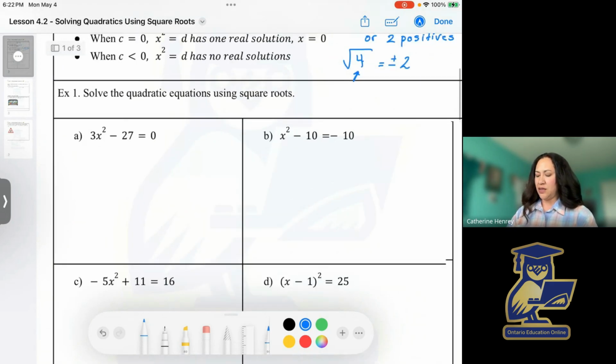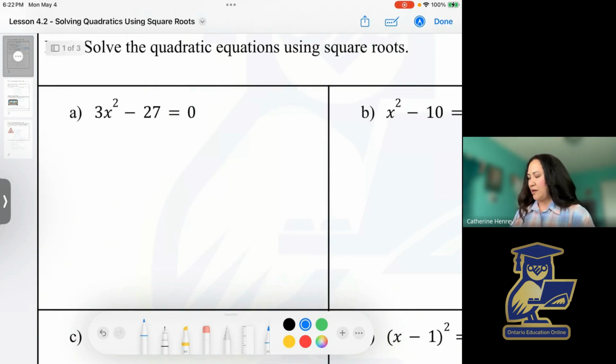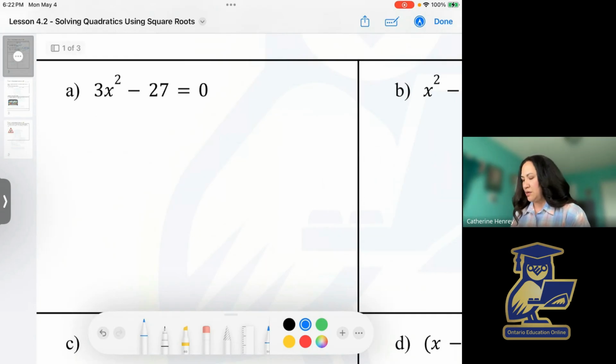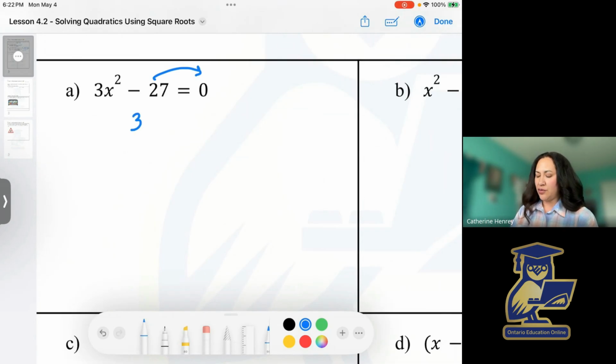Let's take a look at some examples. So we have 3x squared minus 27 equals 0. We'll go ahead and move that negative 27 over because we want to isolate x squared. So we'll have 3x squared is equal to a positive 27. We'll divide through by 3, and we'll have x squared equals 9.